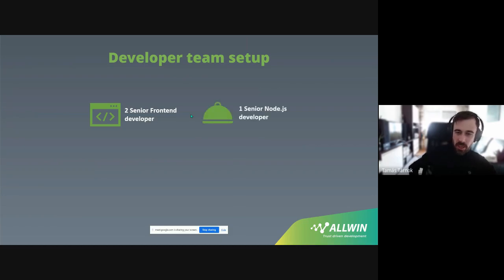And we also had a senior Node.js developer. It's not needed for all the projects, but in this project, he was doing most of the API calls and wrappers to the other services rather than Sitecore. So to the booking system and product information and so on.